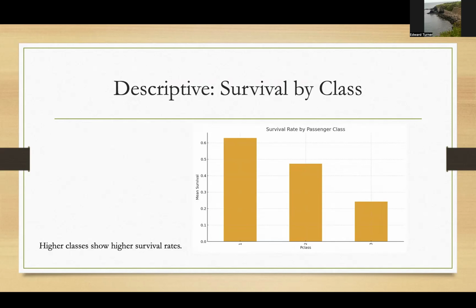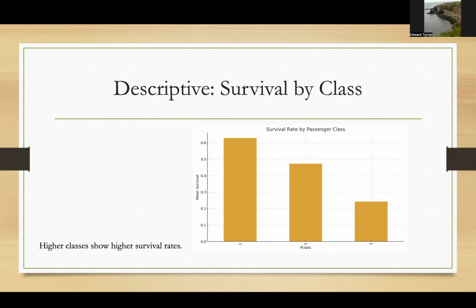So this is the survival by class. This is how we should look at things when we consider the class of the passenger and how they've actually survived. The survival rate is pretty interesting here because the mean is just the average of that one and zero variable. And we see that if you're in the first class, you're very likely to survive.